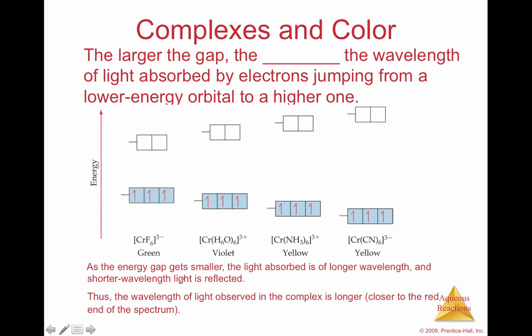Again, the larger the gap, the shorter the wavelength of light absorbed by electrons jumping from a lower energy orbital to a higher one, and as it falls back, it emits the energy. As the gap gets smaller, the light absorbed is of longer wavelength and the shorter wavelength is reflected. Thus, the wavelength of light observed in the complex is longer, closer to the red end of the spectrum.